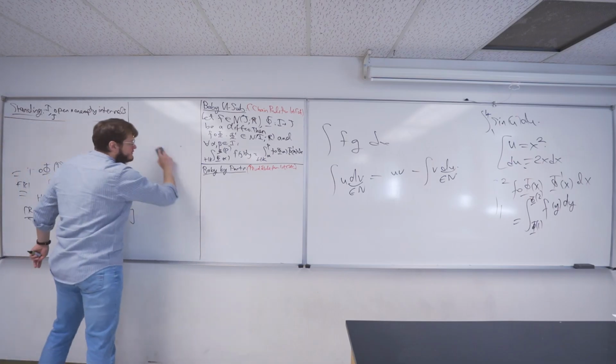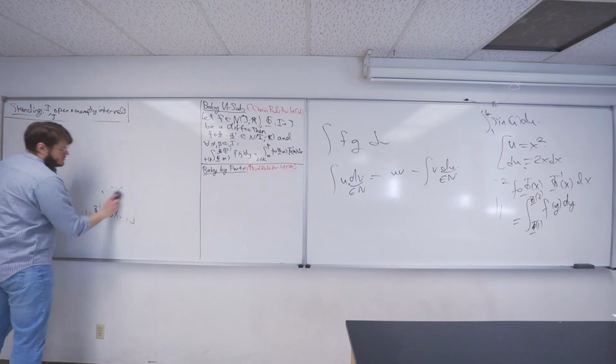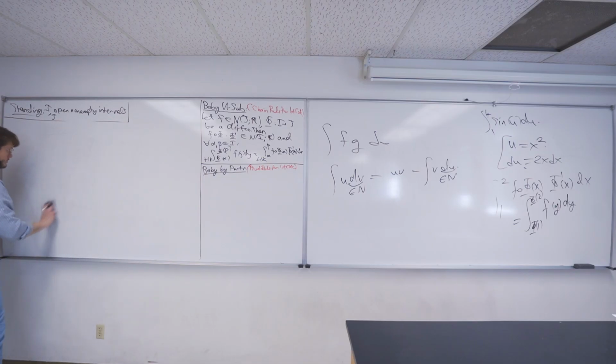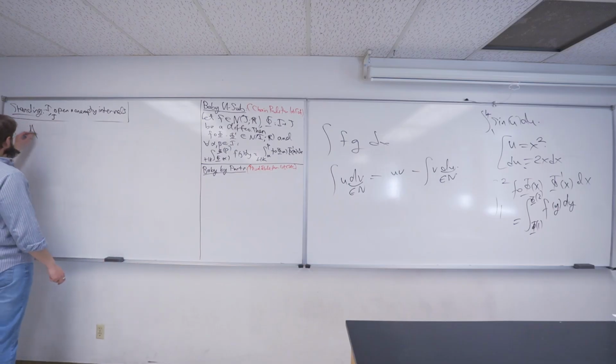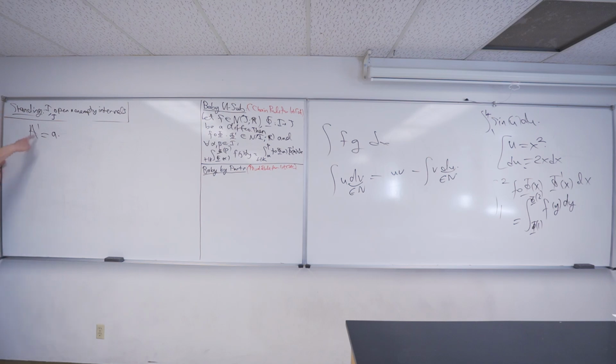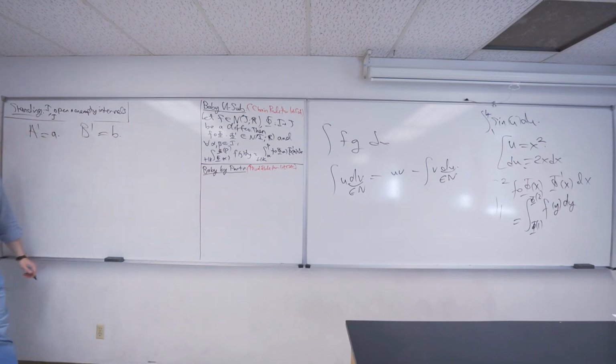Instead of u and v, I'm going to use a and b. Say you have one differentiable function, capital A. When you differentiate, you get lowercase a. And then another function, capital B, that when you differentiate, you get lowercase b.